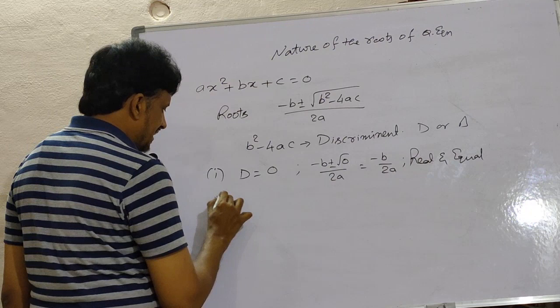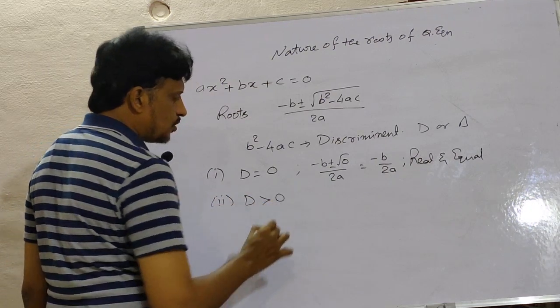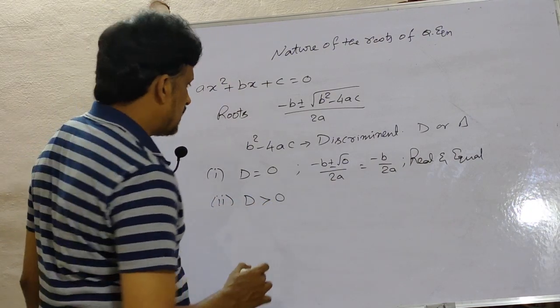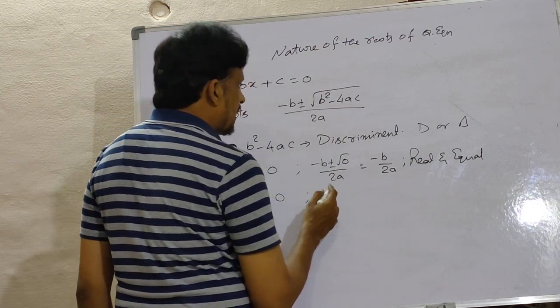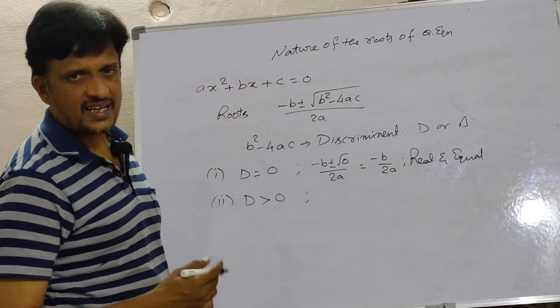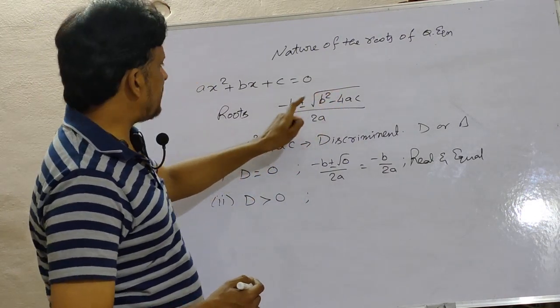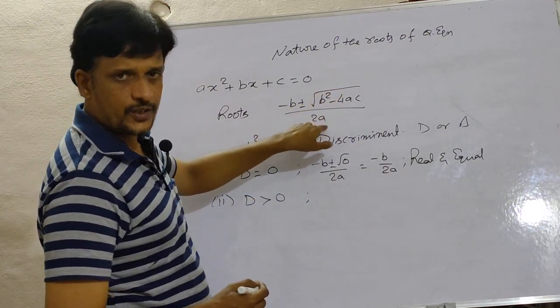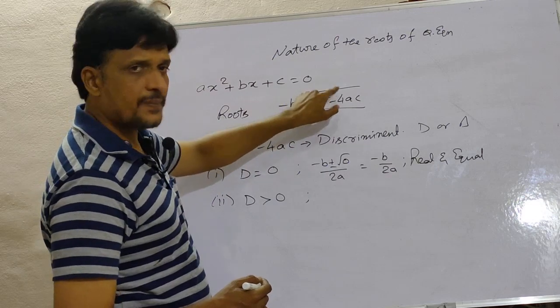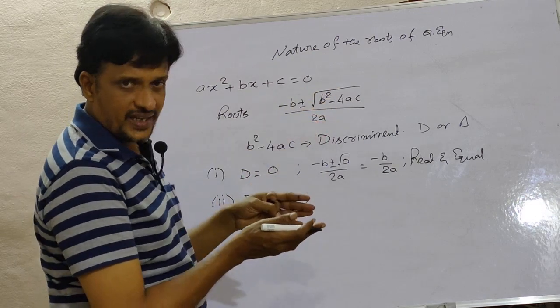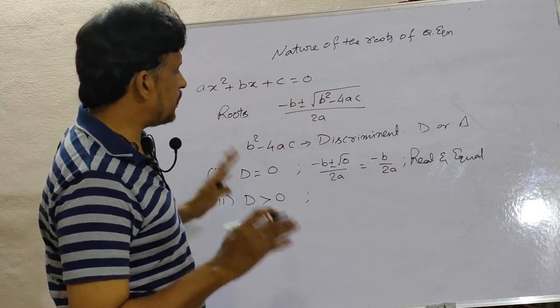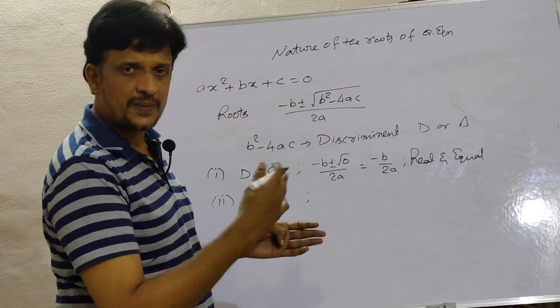Now in the second case, when D is greater than 0, meaning any positive value, for example if the delta value is 4, then root 4 will be 2, so the first root will be minus b plus 2 by 2a, and the second root is minus b minus 2 by 2a. The denominator 2a remains the same, but the numerator will be minus b plus 2 and minus b minus 2.